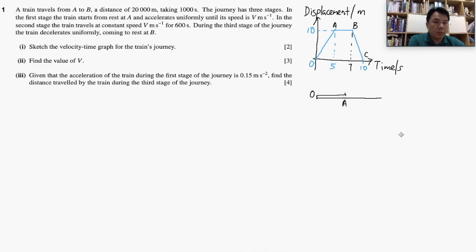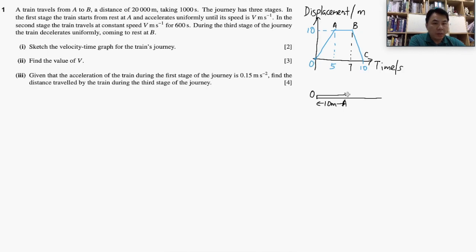Let's assume that position A is about 10 meters from where it starts. And then it will stay there for 2 seconds, from 5 to 7 seconds, between A and B, because the position does not change.